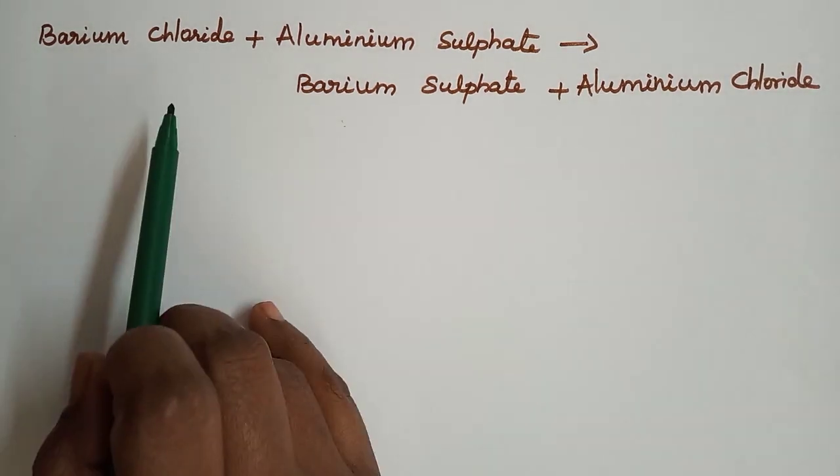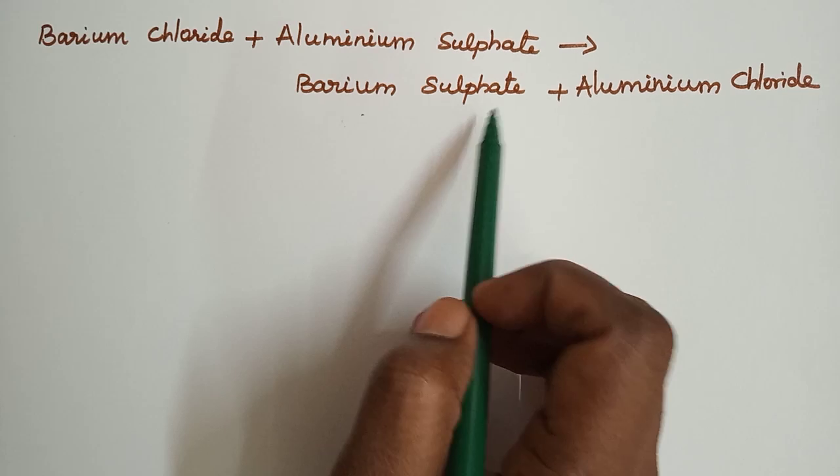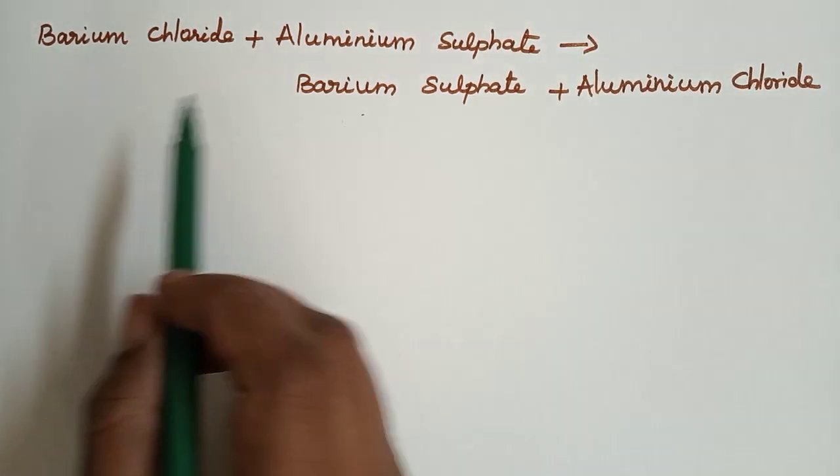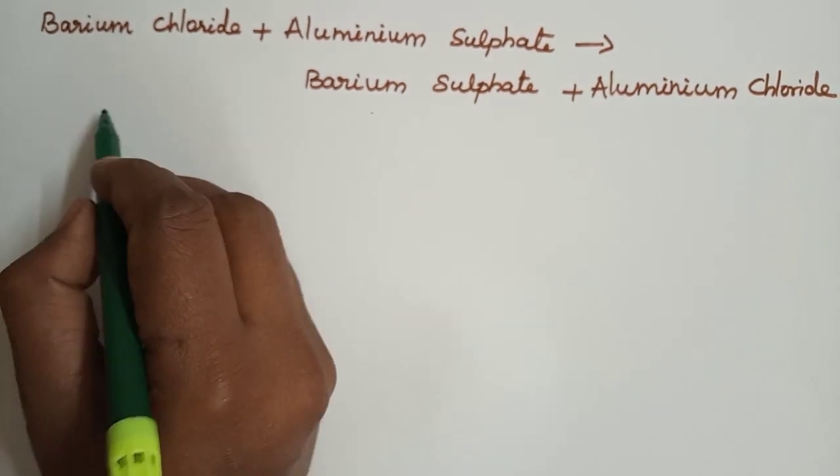Next one is barium chloride plus aluminum sulfate gives barium sulfate plus aluminum chloride. So shall we write the word equation, symbol equation? Yes.